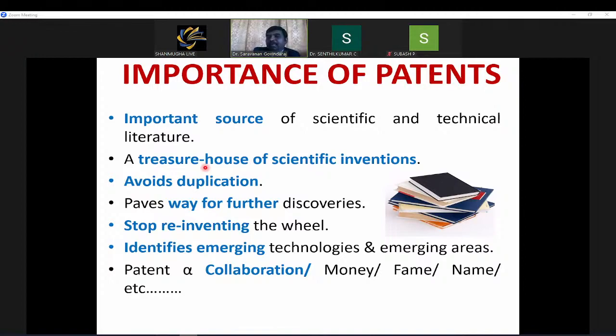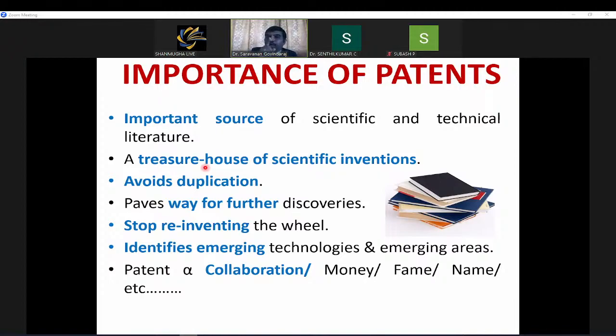For example, recently at the end of 2019, the whole world faced a pathetic situation because of COVID-19. At that time, everybody was waiting for when vaccines or medicines would come to protect from coronavirus.